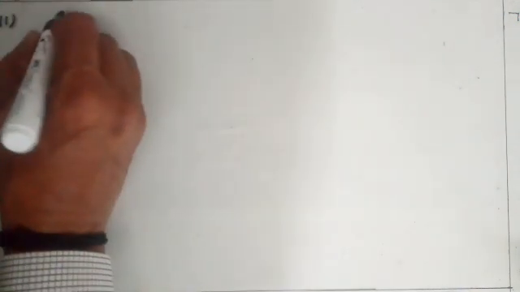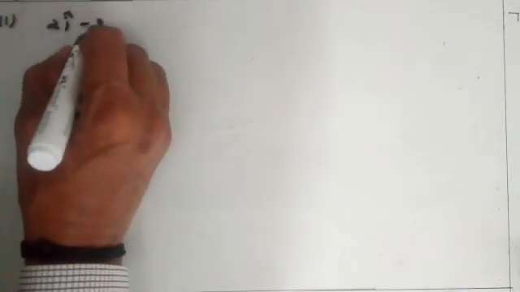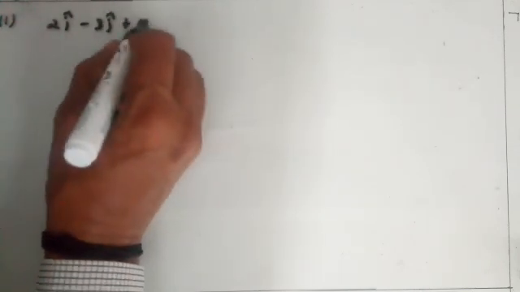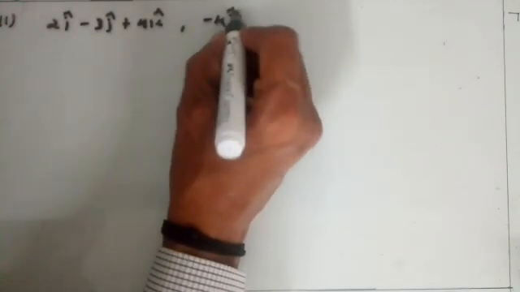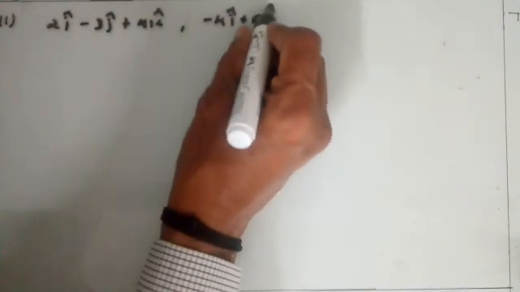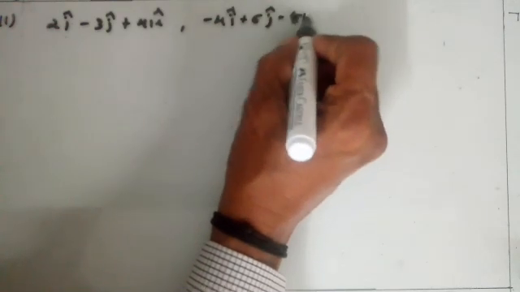Now next question, number 11. Show that vectors 2i minus 3j plus 4k and minus 4i plus 6j minus 8k are collinear.